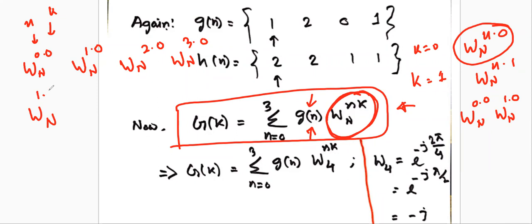This is n equals 1 and k equals 0. N is increasing, so it should be 0 here for n, and k should be 1. K should be 1, the first one.